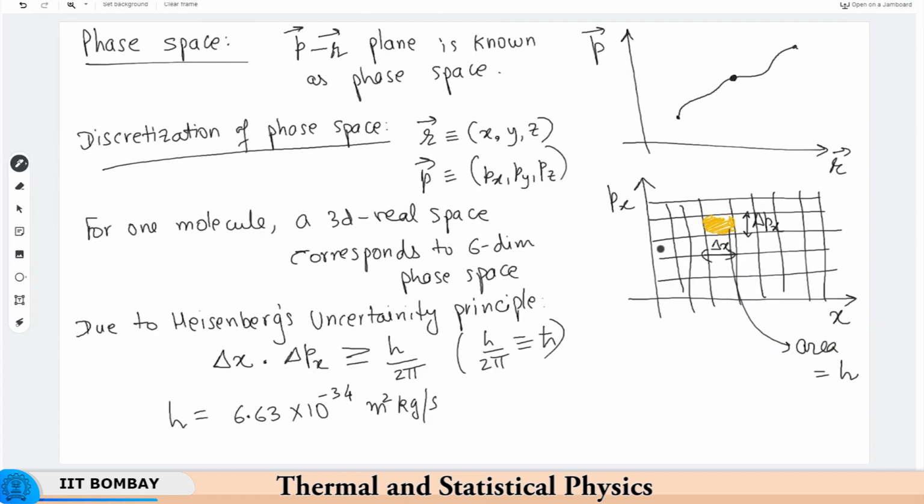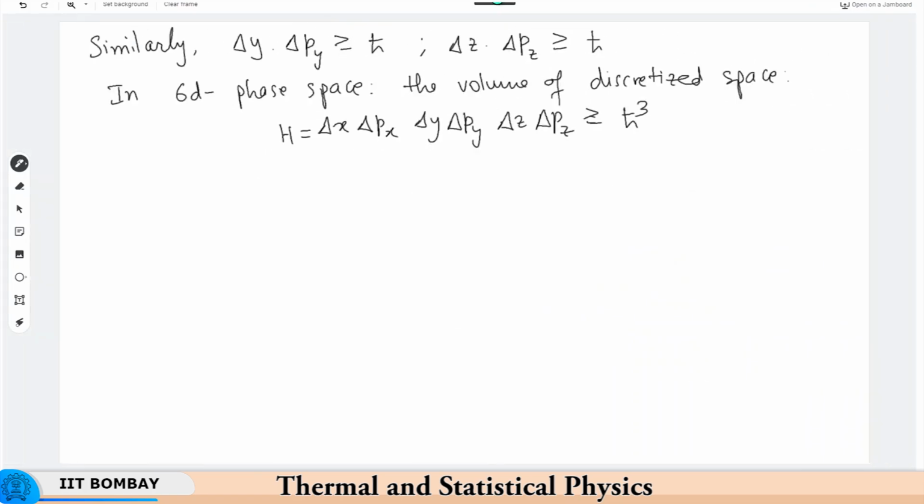So we have some finite phase space volume. We can divide this volume by the volume of this single discretized volume element, and then we can get the total number of microstates.